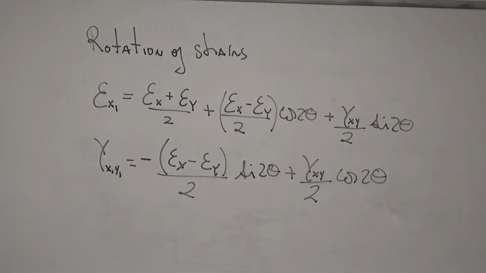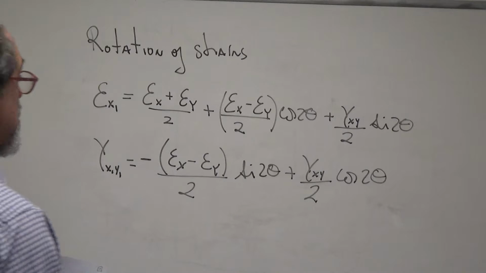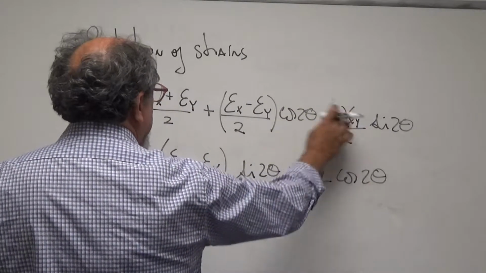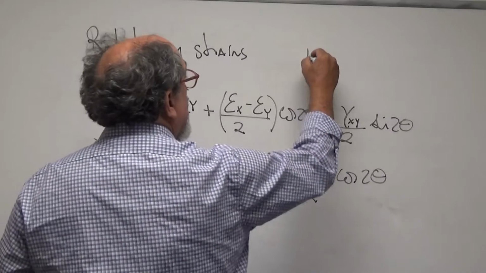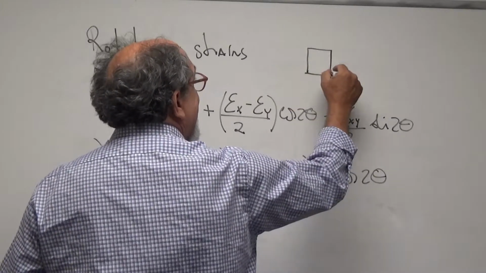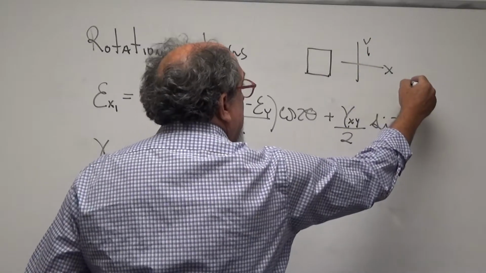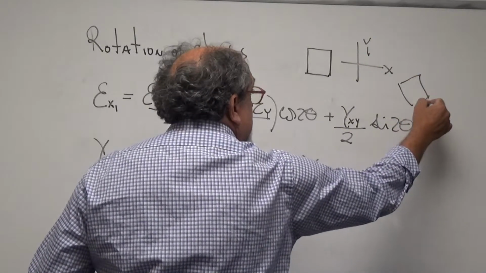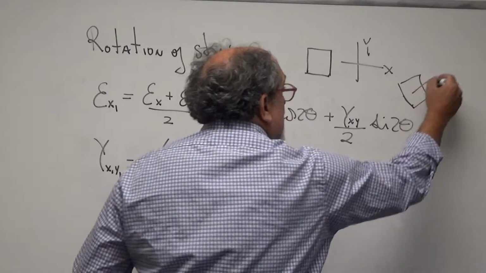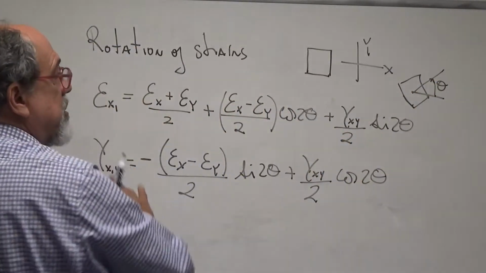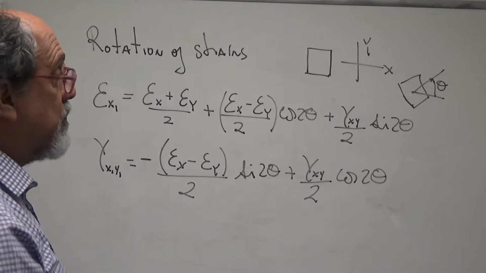Those are the equations for rotating strains. So if I know the strains in x and in y and the shear strain in the xy element, in other words, if I know for an element oriented like this what is going on, then I can say that for an element oriented in an inclined direction, at an angle theta, the strains will have whatever these expressions tell me they do.